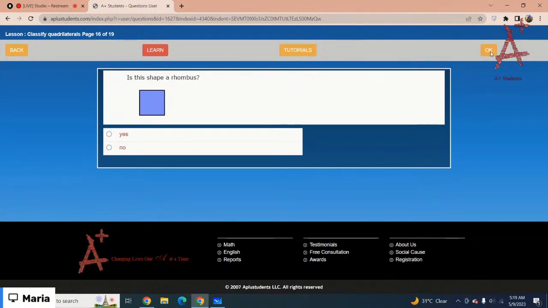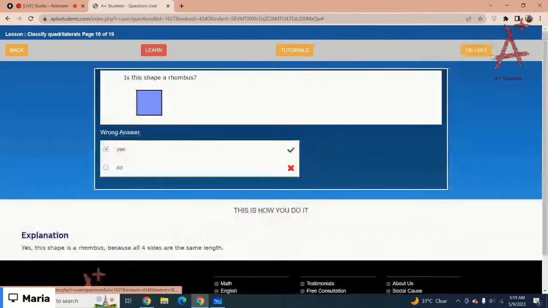Is this shape a rhombus? No, this is not a rhombus. A rhombus has all four sides equal in length, so it wouldn't be a rhombus. There is a mistake on this page.